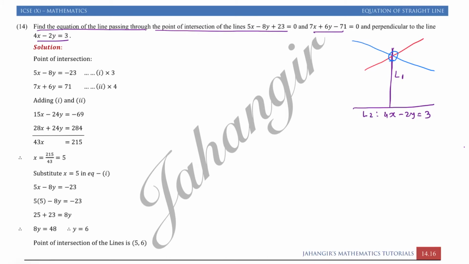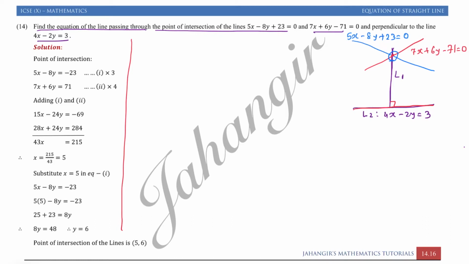The first equation we can take as 5x minus 8y plus 23 is equal to 0, and the second is 7x plus 6y minus 71 is equal to 0. To find the equation of L1, we need the slope. The slope can be found using L2, and the passing point is the intersection of the two lines.